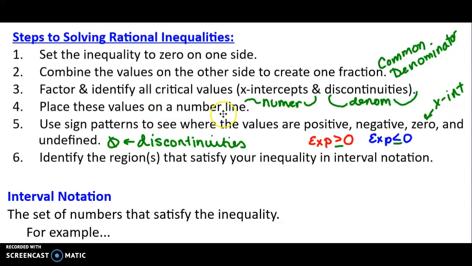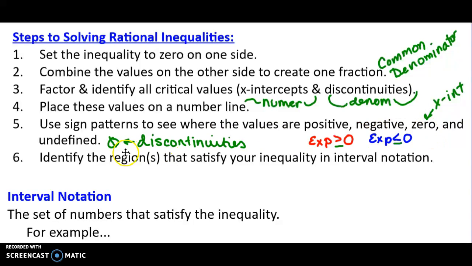Then we're going to put those values on a number line, and we're going to determine where the values are positive. If our expression is greater than 0, we want those positive intervals as our solution. Or where the values are negative, if our expression is less than or equal to 0, we want those intervals.